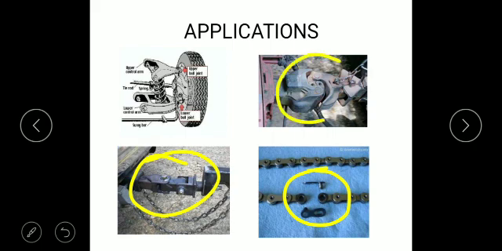Similarly, here is another knuckle joint, where two rods subjected to tensile load are connected by the knuckle pin. In your vehicle also we observe the same form of joint. These are some common applications of the knuckle joint in day-to-day life.